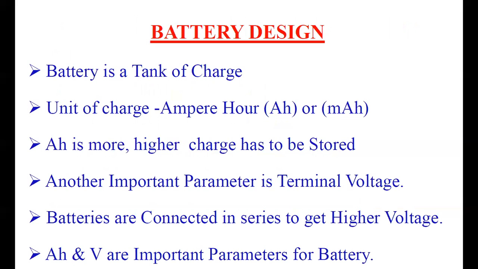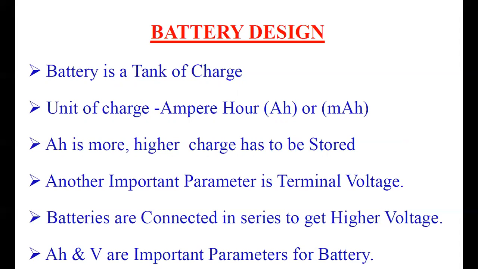The capacity of the battery is measured in terms of ampere hour, or milliampere hour for smaller units, that is Ah or mAh. If the ampere hour capacity is more, more charge can be stored in the battery.